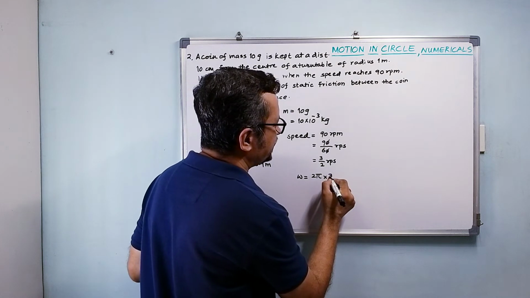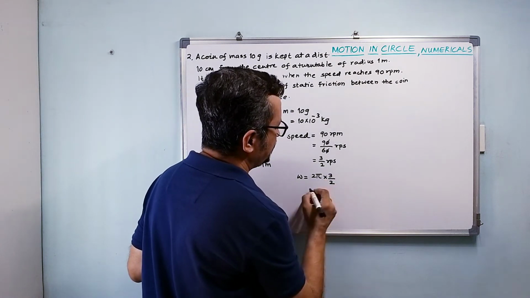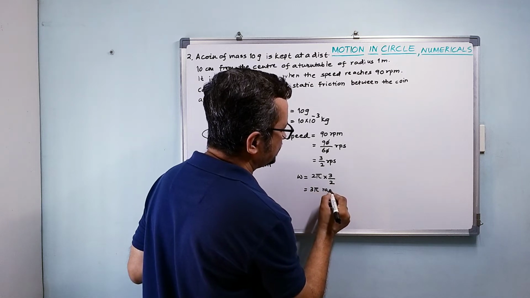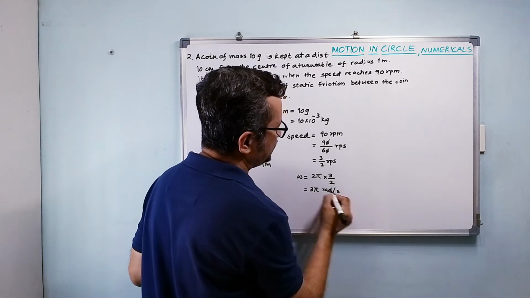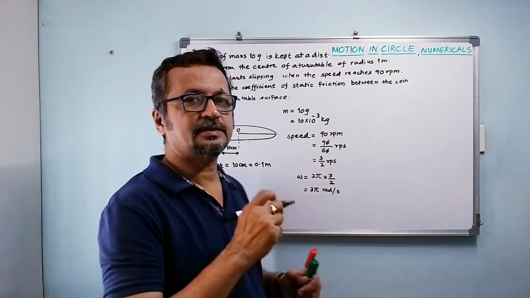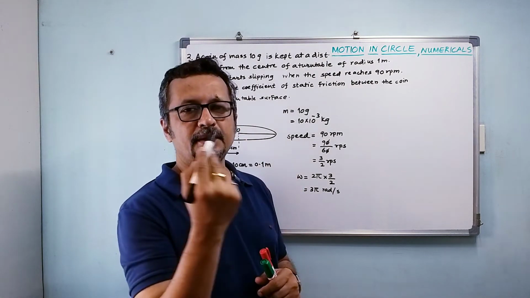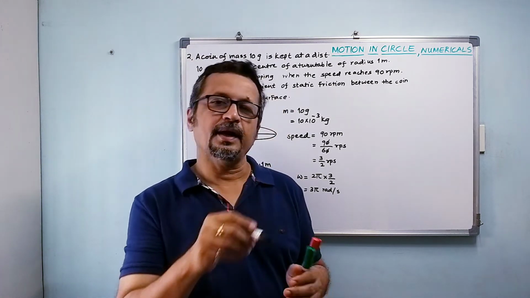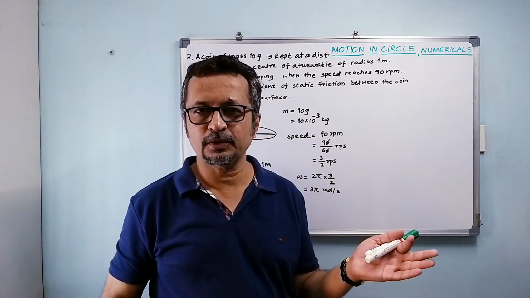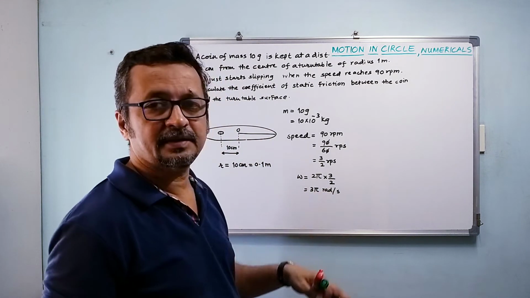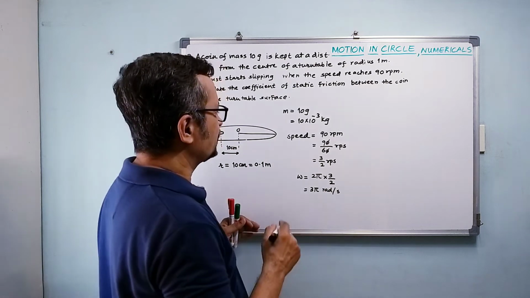So that would be 3 upon 2, that is equal to 3 pi radian per second. So in 1 second it is making 3 pi. See, in one revolution it is 2 pi, and in the next half it is going to be equal to pi. So the total is going to be 3 pi radian in 1 second.